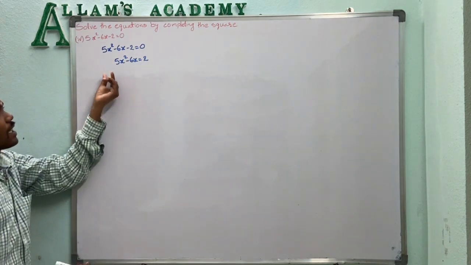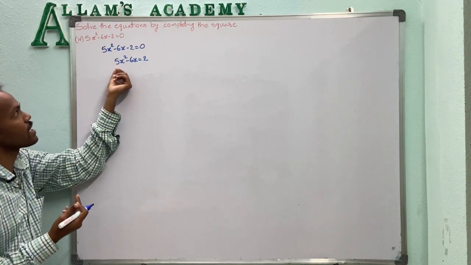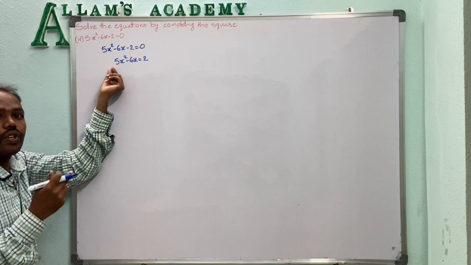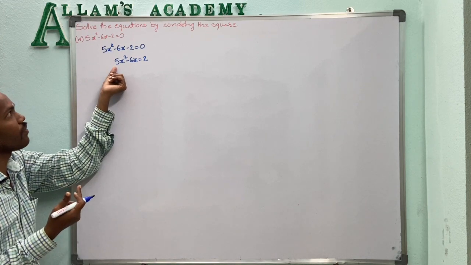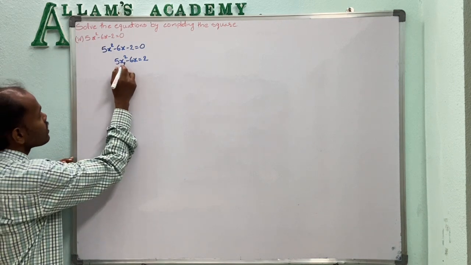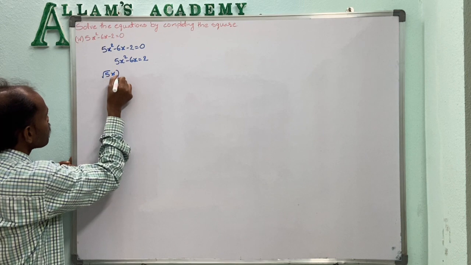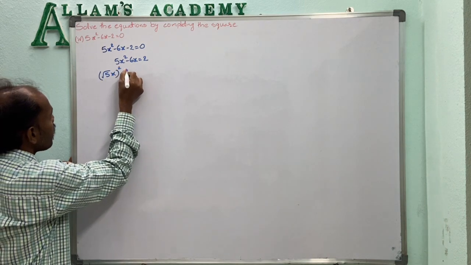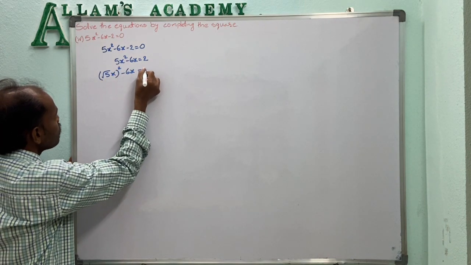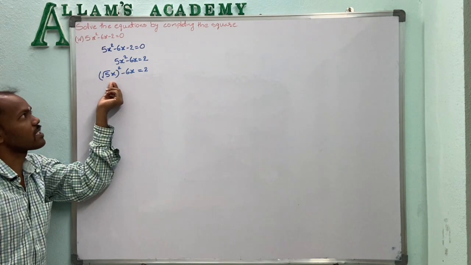Now here the 5x² term we will write as a square. 5 is the square of which number? Root 5 whole square is nothing but 5. So this a term is written as (√5x)² - 6x = 2. Now the a term is √5x.